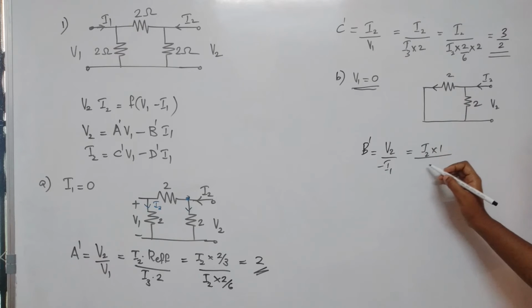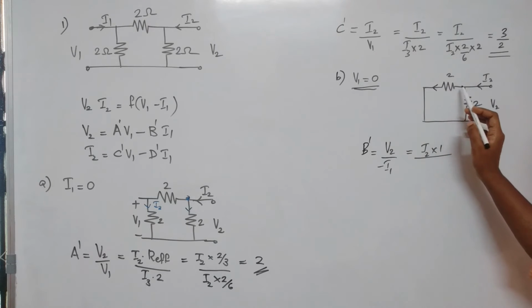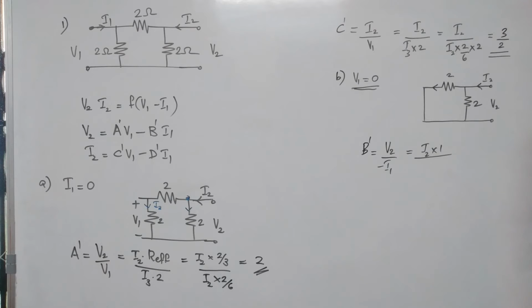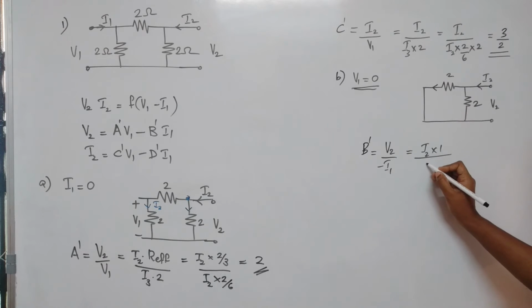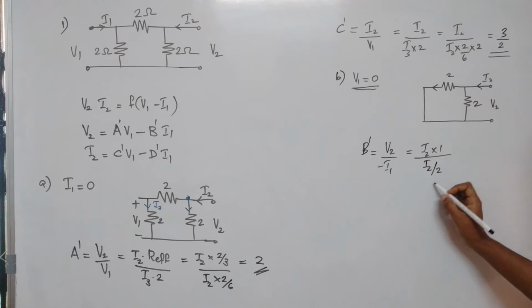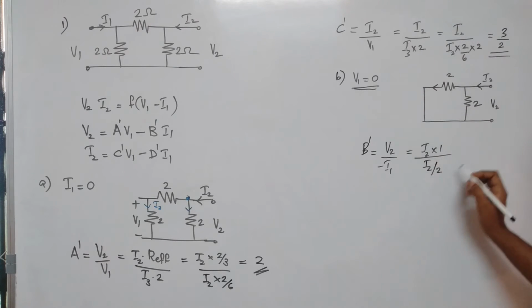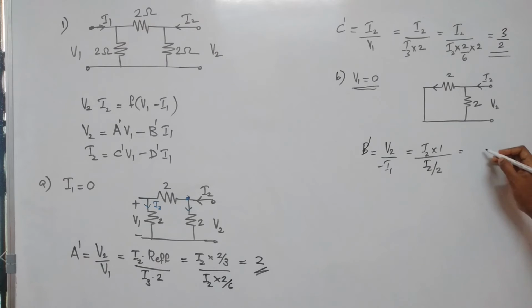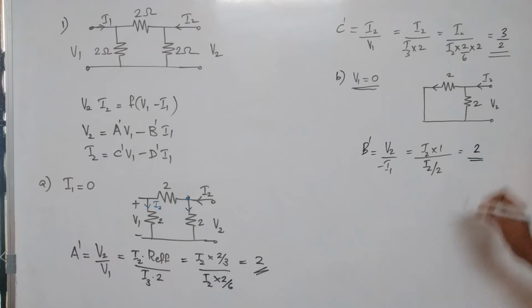The total current divides equally, so I1 can be written as I2 by 2, but the direction is opposite. So the answer will be 2.